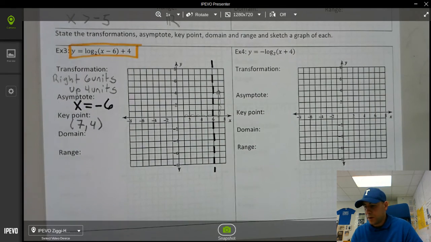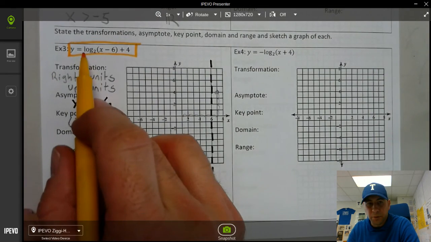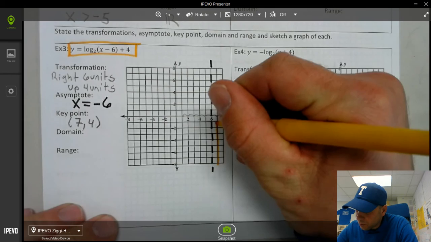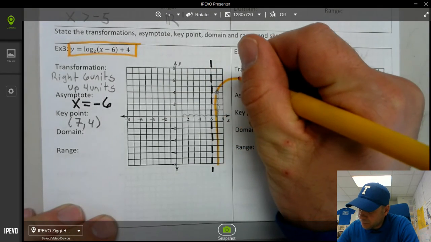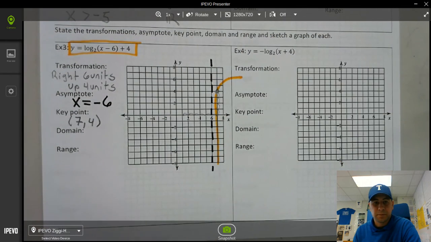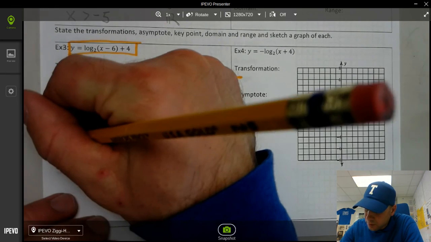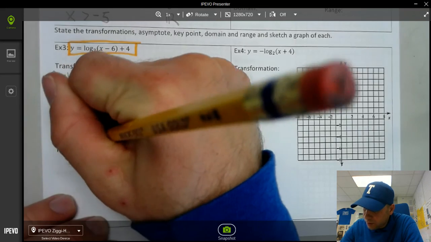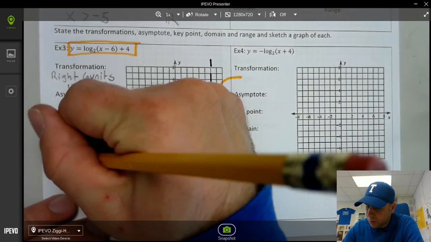Since this didn't reflect, we just have the logarithmic function here. We know the domain is x greater than negative 6, and our range is all real numbers.